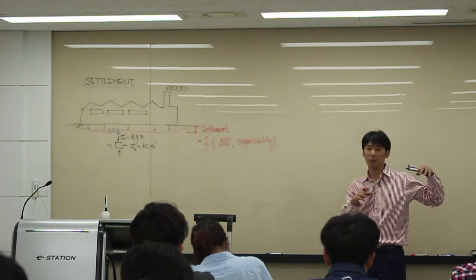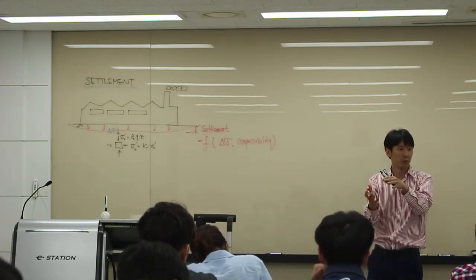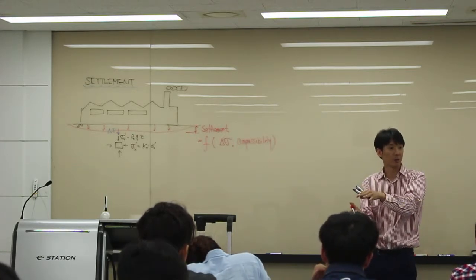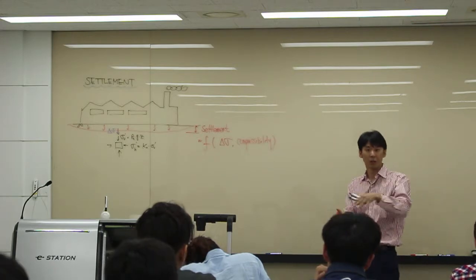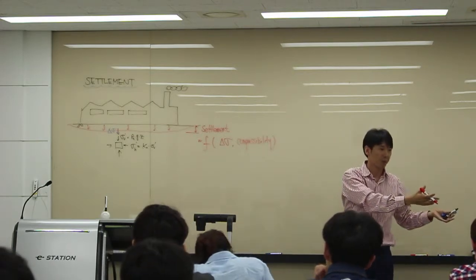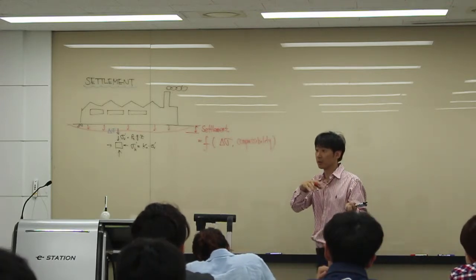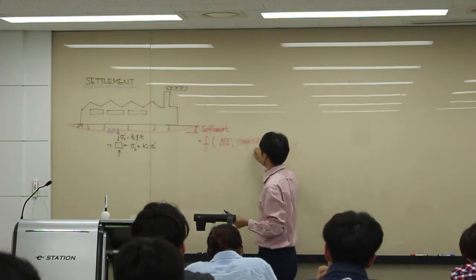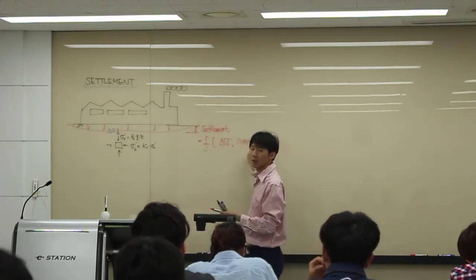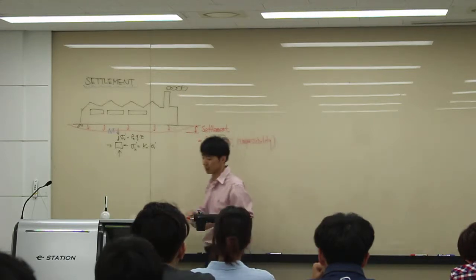When you compare a stiff soil to a soft soil, the soft soil will cause more settlement because it's more compressible. And a rigid soil with maybe boulders or gravel is going to compress less than the soft soil. So compressibility is the one parameter. It actually is a parameter that represents the soil compressibility.